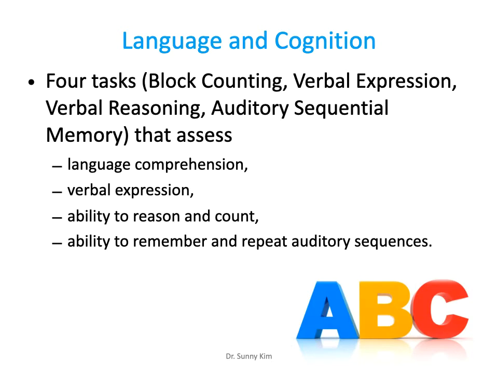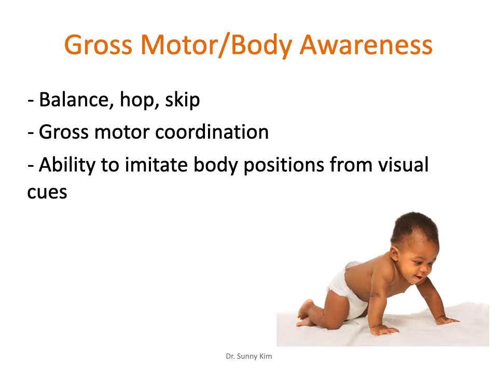The second domain is language and cognition. 4 tasks including block counting, verbal expression, verbal reasoning, and auditory sequential memory are provided. Gross motor and body awareness is the last domain, and for this domain, a lot of fun activities such as balancing, hopping, and skipping are provided.